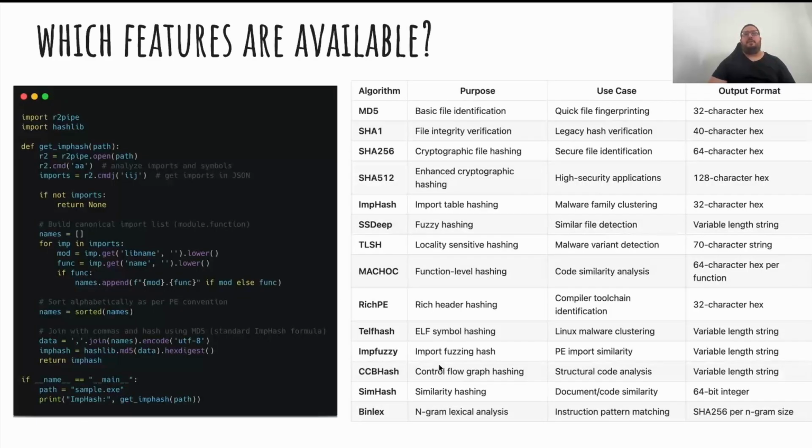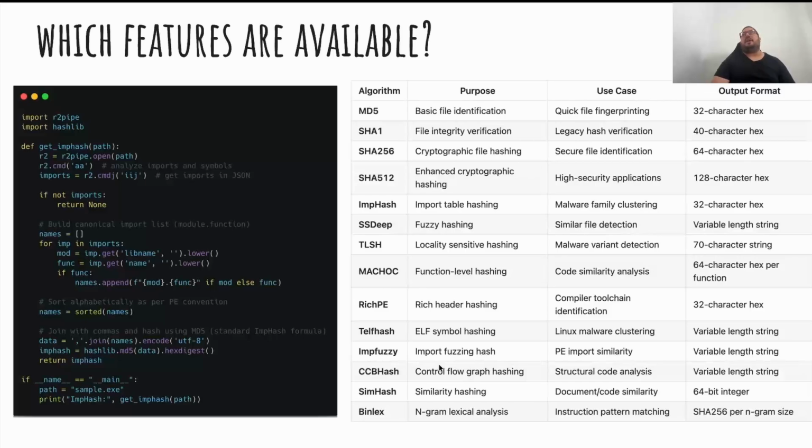This is also documented on GitHub. Because it's something useful for me, I wanted to have all the hashing techniques, or fuzzy hashing, or similarity hashing techniques available in R2Inspect, because I usually have to compare large data sets to find similar samples.